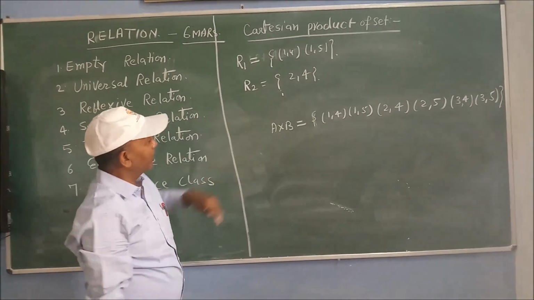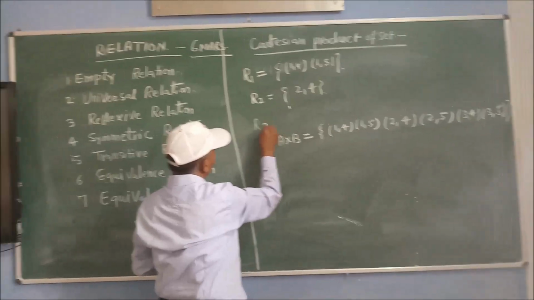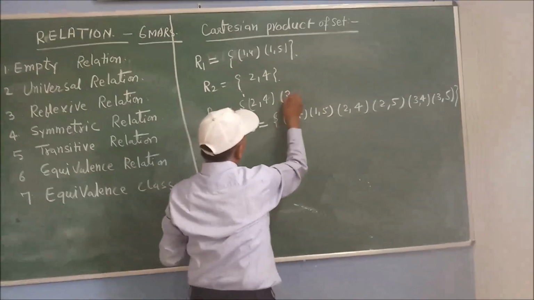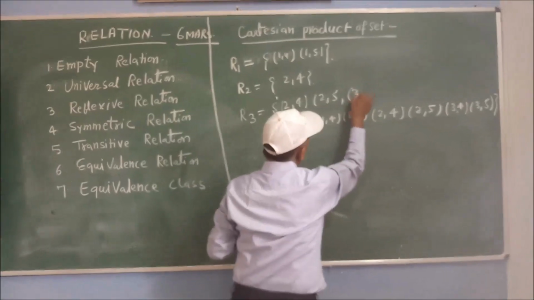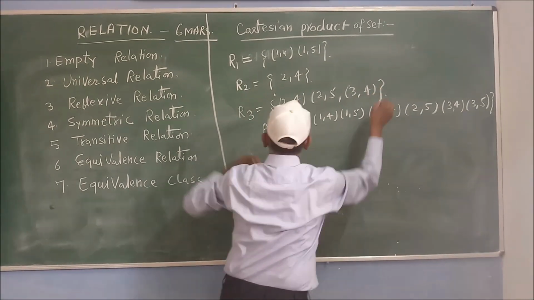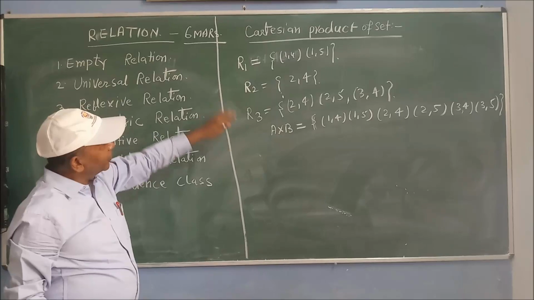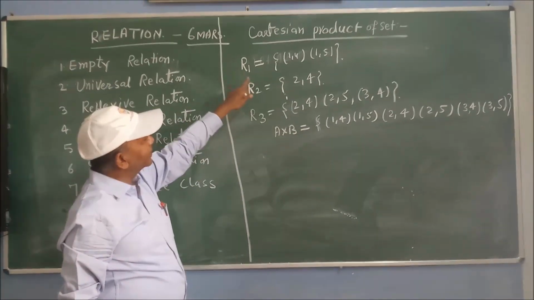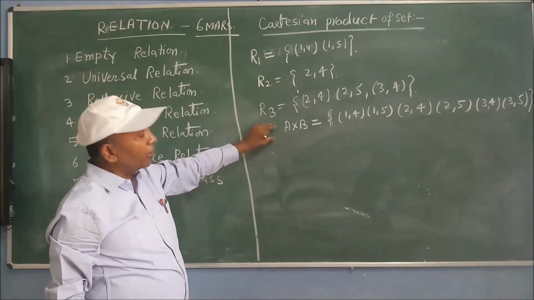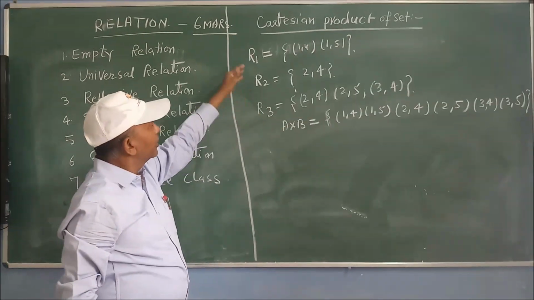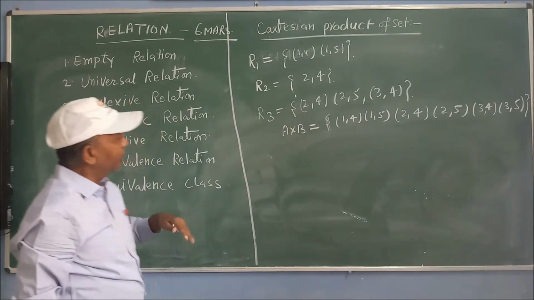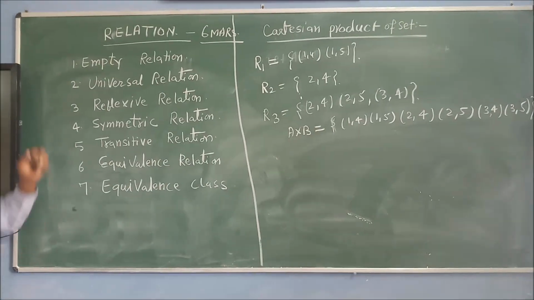This is also a relation. You can also make relation R3, which is equal to {(2,4), (2,5), (3,4)}. In a similar way, you can make 64 relations from A cross B because relation is nothing but a subset of Cartesian product. So you can prepare 64 subsets of A cross B. So this is the definition of relation.